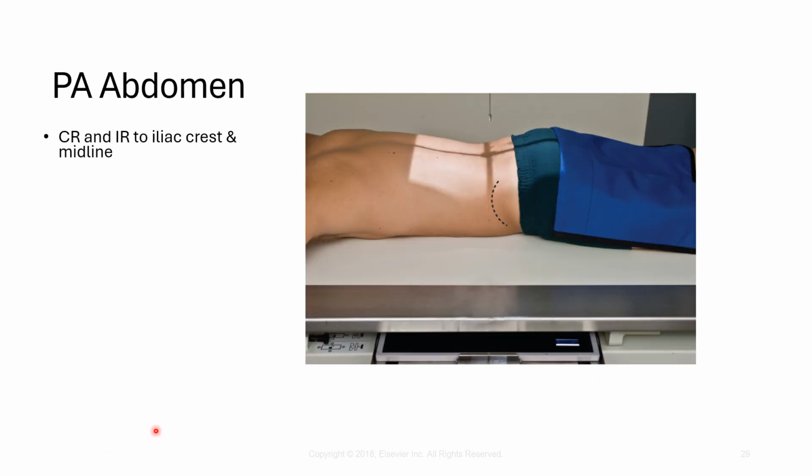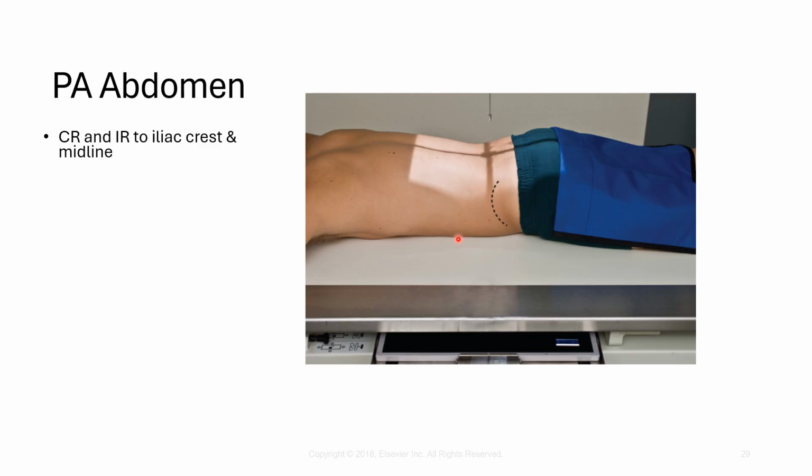A PA abdomen, that is on page 116, is not nearly as common as an AP abdomen because if the kidneys are the region of interest, it increases OID between the kidneys and the IR compared to the AP. But maybe the patient had back surgery and they're not able to lie on their back, in which case a PA abdomen would be sufficient.